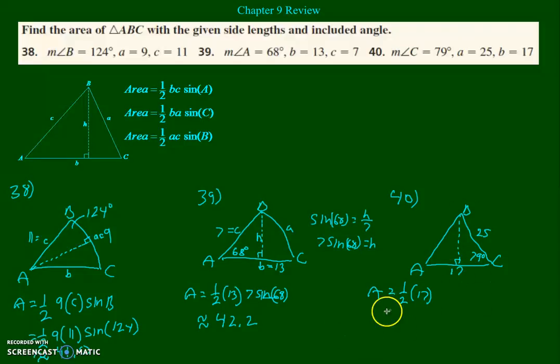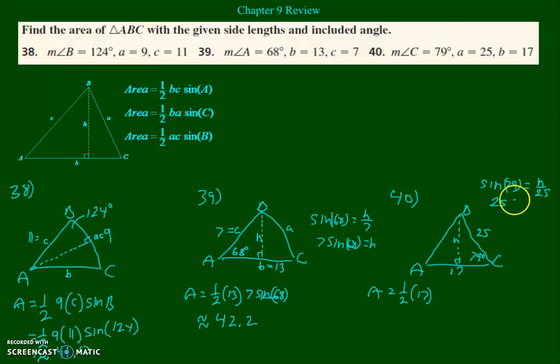Now the height there is going to be, let's do it up here: sine 79 equals h over 25.